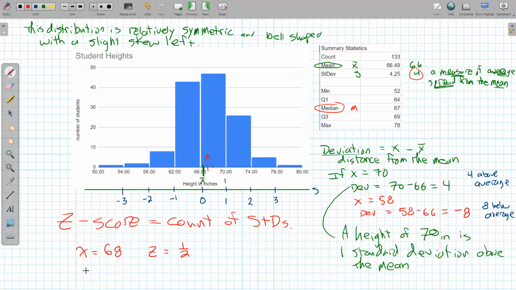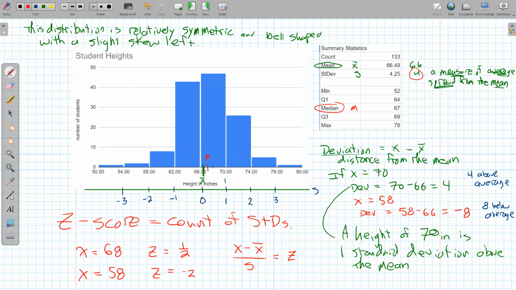If somebody else had a height of 58, then they are 2 standard deviations below average, so their Z-score would be -2. So a Z-score just means count by standard deviation. The formula for that is find the deviation, x minus x bar, and divide by the standard deviation. And again, all that does is count by standard deviations. So that's how we calculate Z-scores if we need them, and we do sometimes.